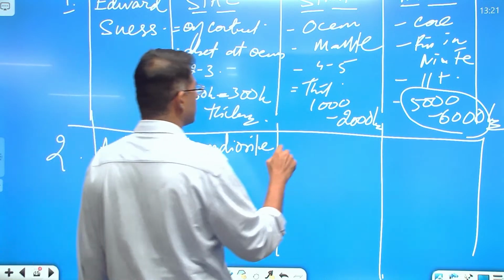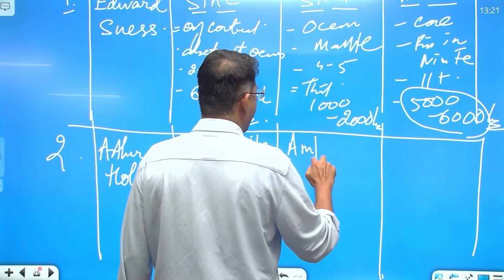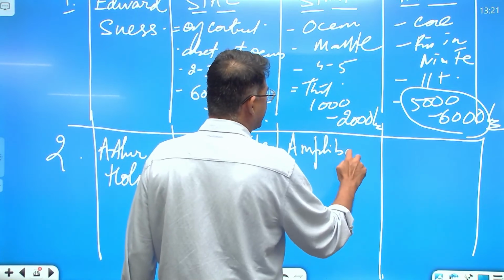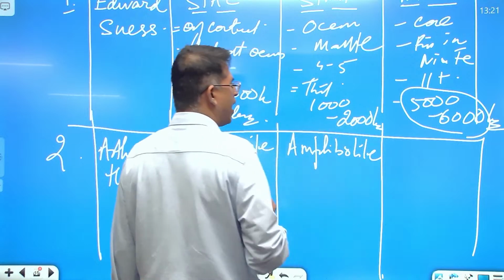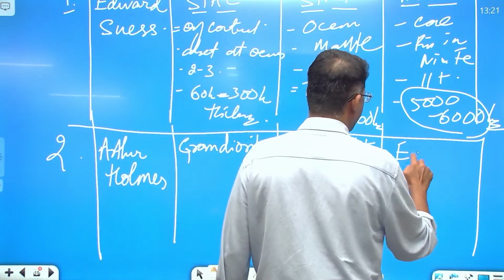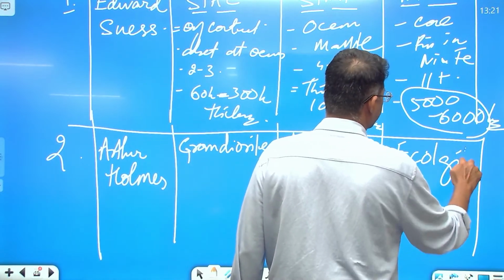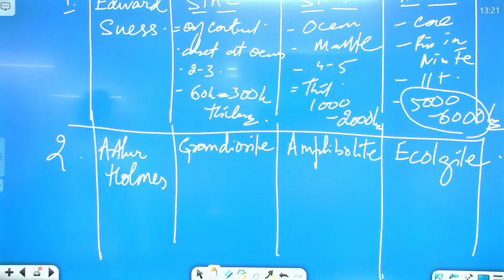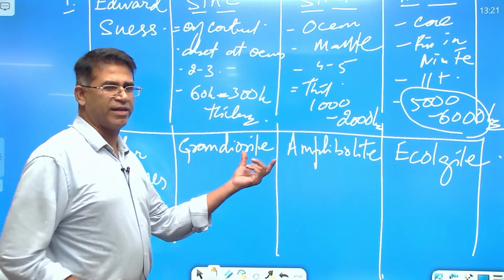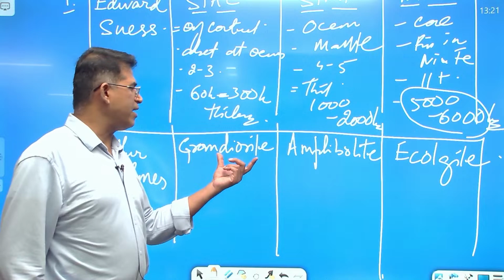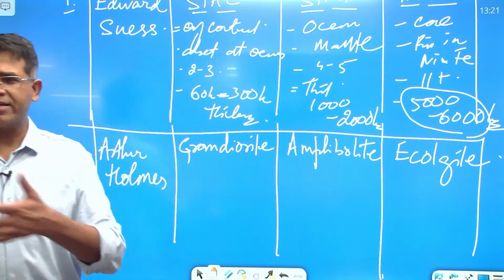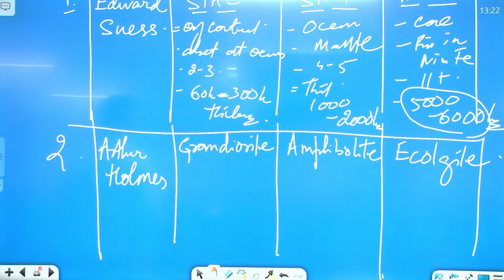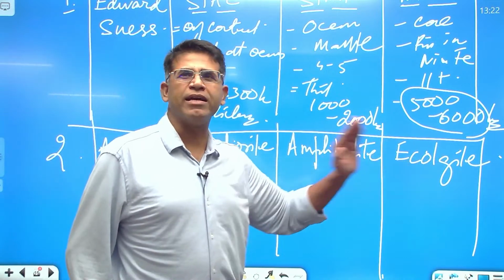Then there is an amphibolite layer, and there is an eclogite layer. This man used 3 other terms. The outer layer was called granodiorite, as in granite and diorite. Amphibolite, the mafic layers, and the eclogite layer.